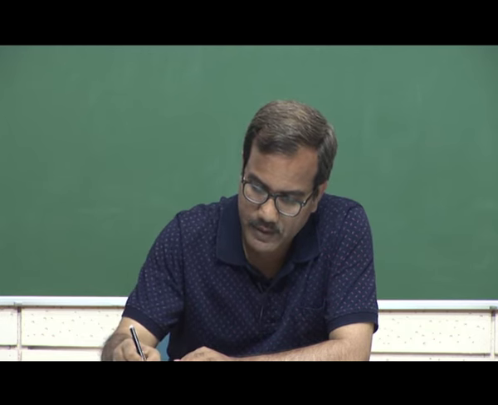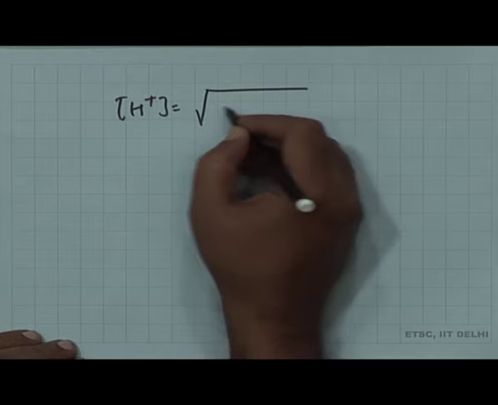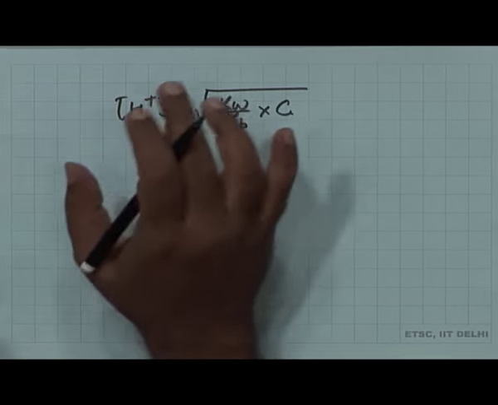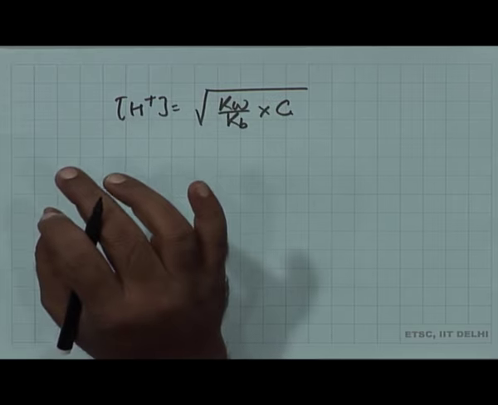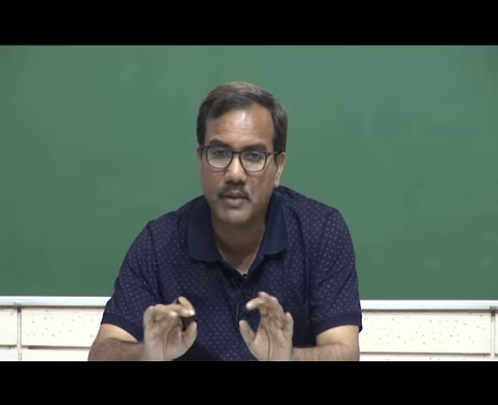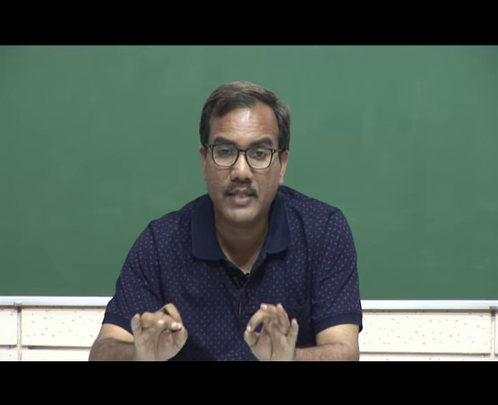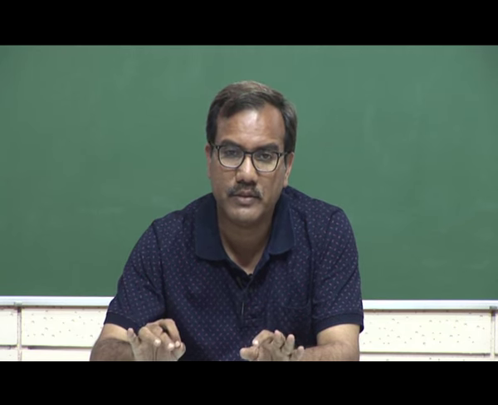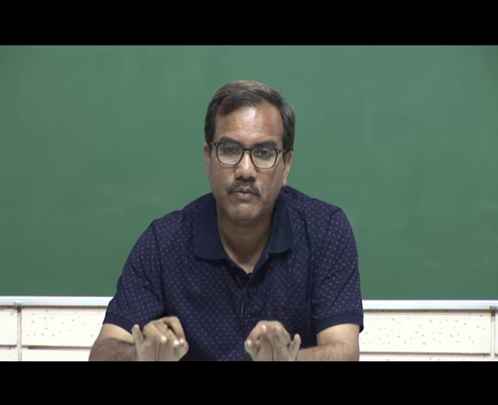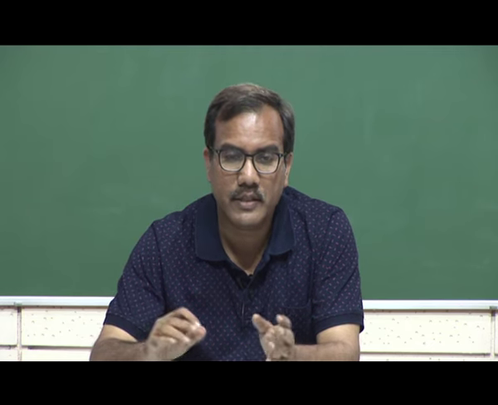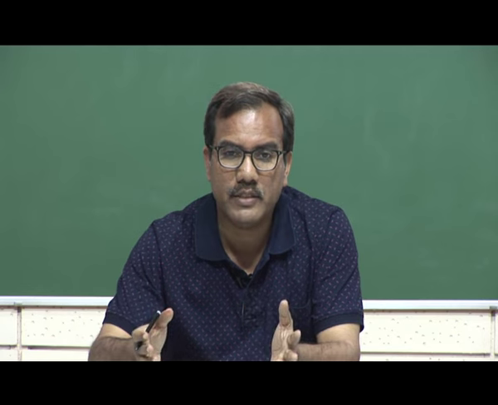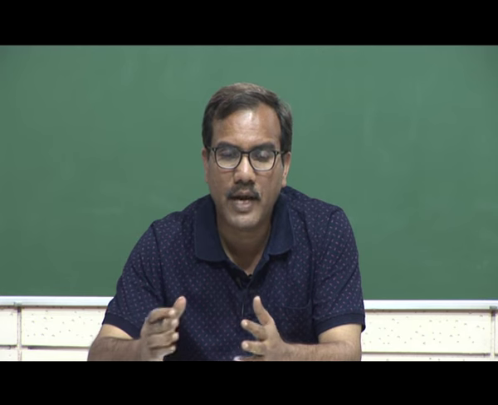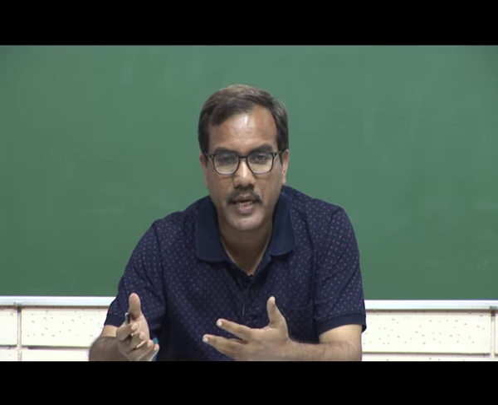And we know that Kh is Kw by Kb, so Kh into C is Kw by Kb into C. It is quite easy if you understand how to derive this equation and how the ions behave in the aqueous solution. It is quite easy to write an equation for the hydrolysis constant in the case of a salt, and the hydrolysis constant is related to your ionic product and your Ka or Kb.